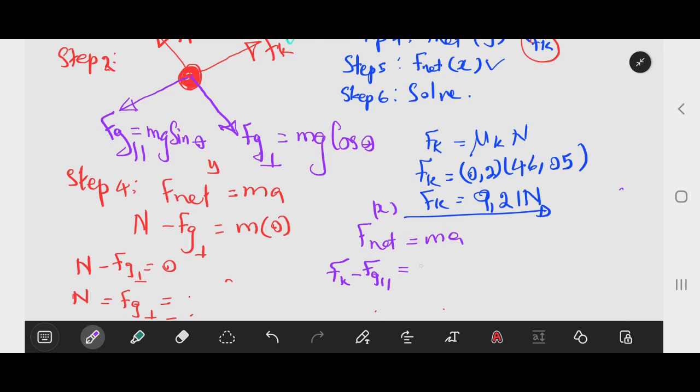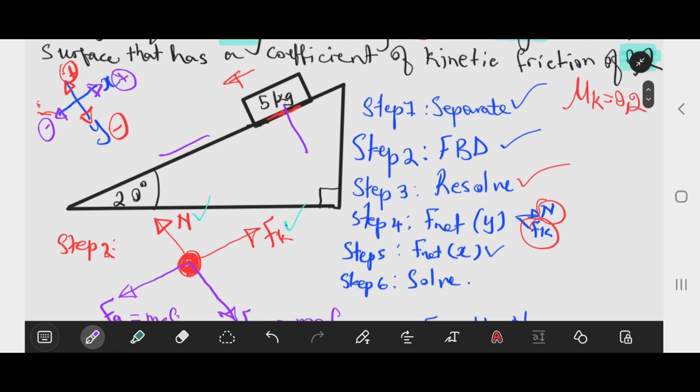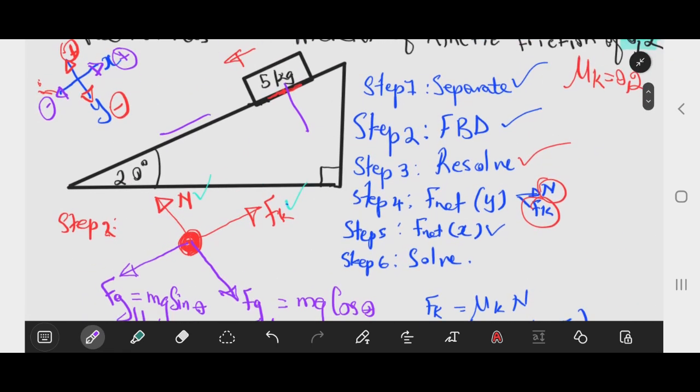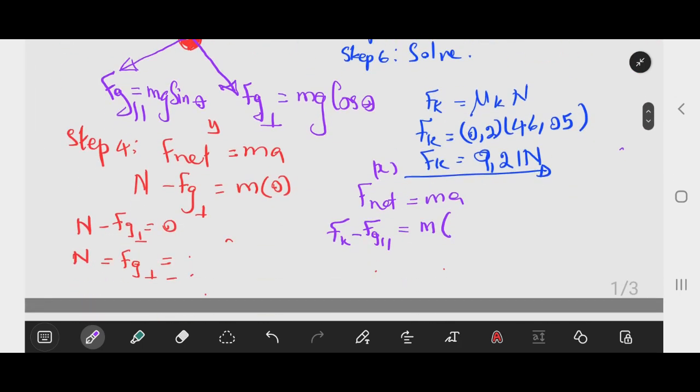And that would be equal to the mass of the object. And what about the acceleration? The acceleration, this object is accelerating in which direction? It is moving down the incline, right? So if it is moving down the incline, then it means the acceleration would be negative. Then that would be negative a, okay?